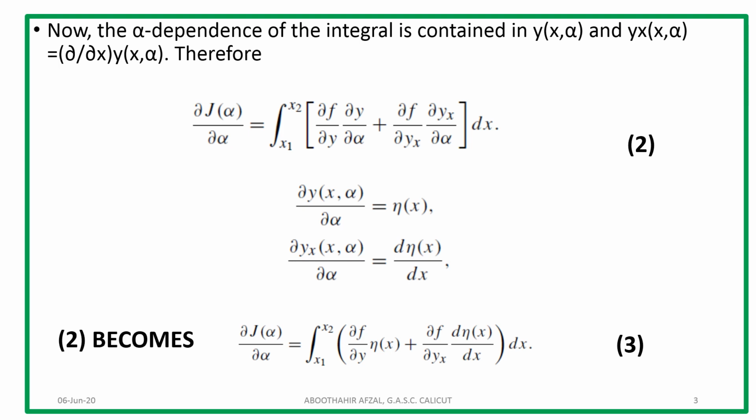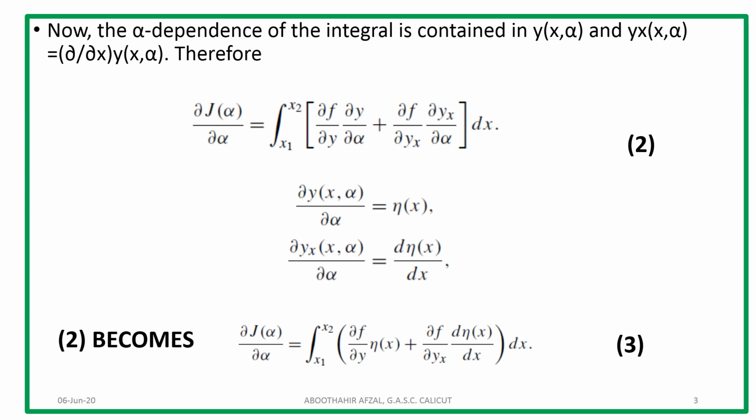So if I want to write dou y_x by dou alpha, you just have to differentiate eta with respect to x, that is d eta by dx, because y_x is already dou y by dou x. Therefore instead of dou y by dou alpha, you put eta, and you differentiate eta with respect to x. That will be nothing but dou y_x by dou alpha.